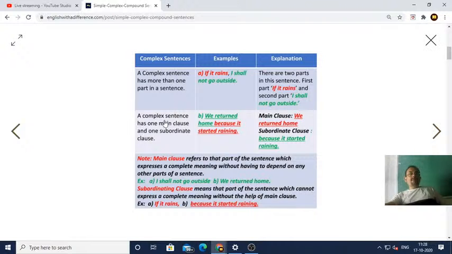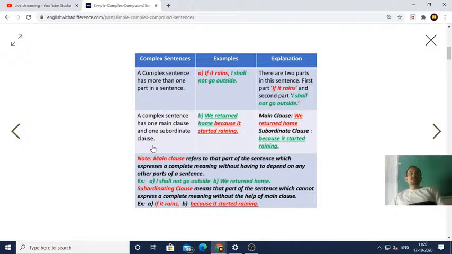example. A complex sentence, dear students, has one main clause and one subordinate clause. For example, "we returned home because it started raining." Okay, so dear students, "we returned home" is making sense.